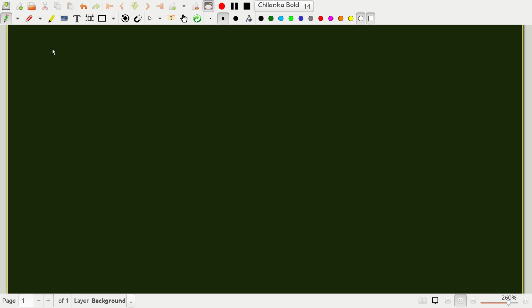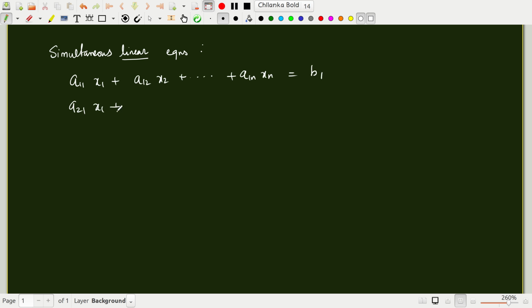We are going to look at a system of simultaneous linear equations of the form a11 x1 plus a12 x2 plus ... plus a1n xn is b1, a21 x1 plus a22 x2 plus ... plus a2n xn is b2, all the way going up to am1 x1 plus am2 x2 plus ... plus amn xn is bm.